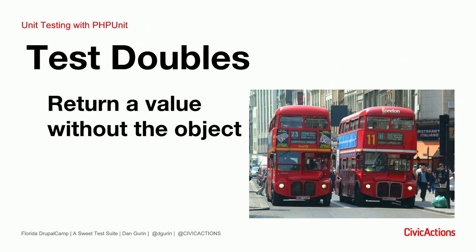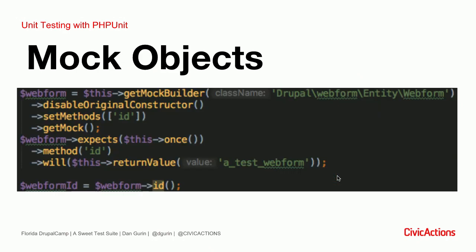Test doubles are a pretty cool part of PHPUnit. You don't have to actually instantiate the object. You can pretty much fake it and just pass in the values that are necessary for your test. This is done with mock objects.